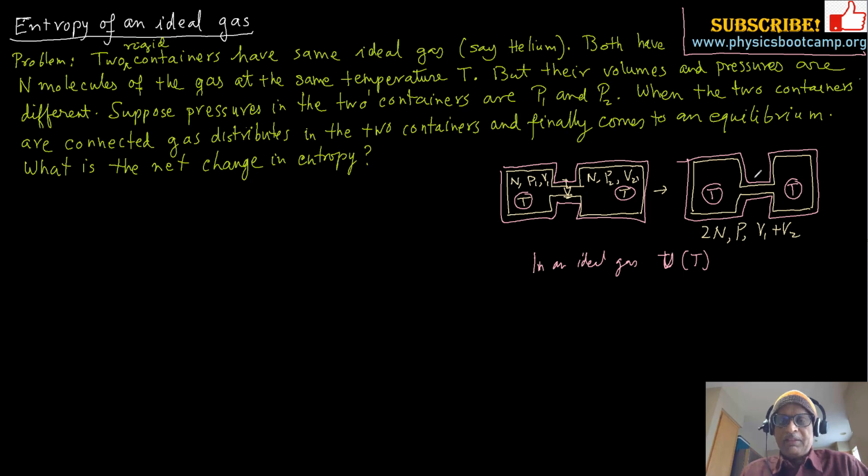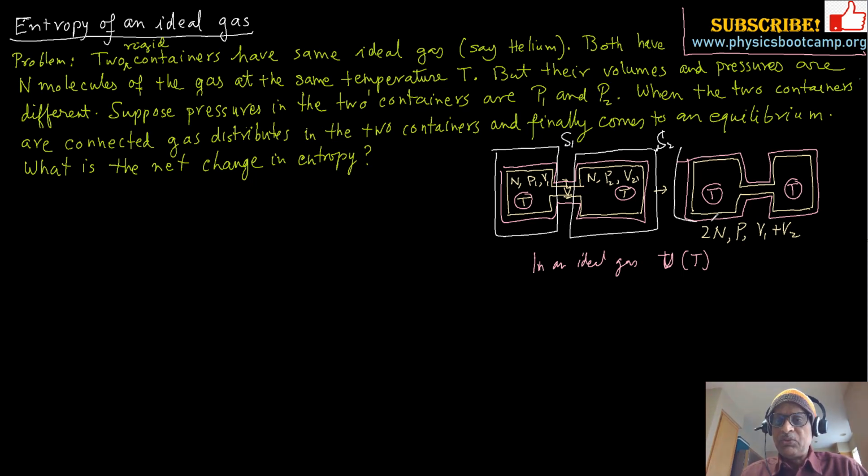Okay, so one way to address this is to say what's the entropy: the entropy of this system 2 at the beginning, and entropy of this system 1 over here, and then the entropy of them together as final.